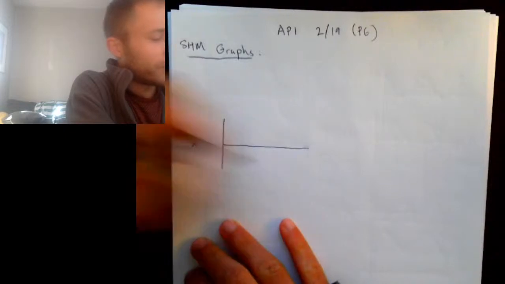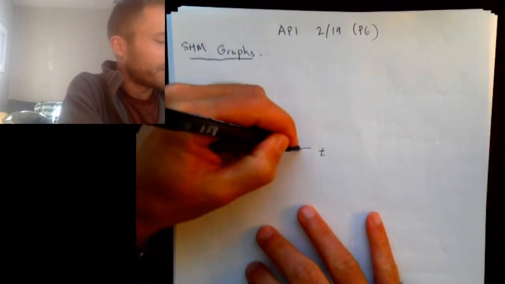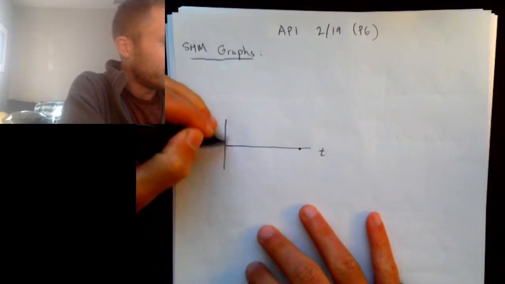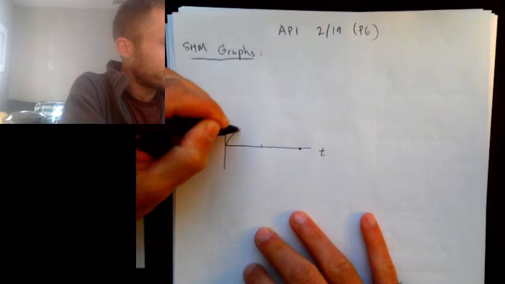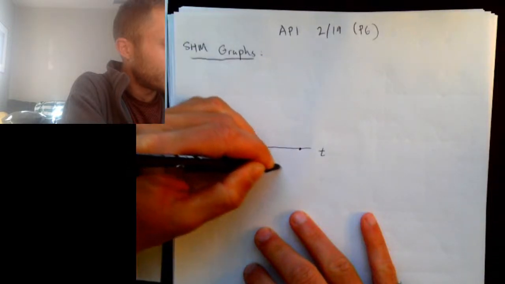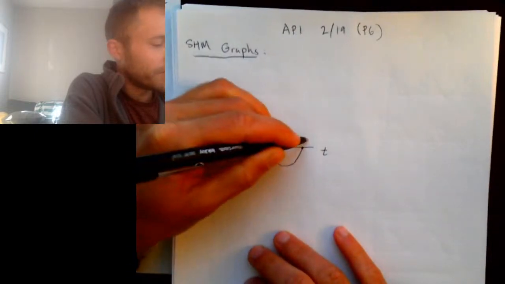I'm going to draw one full period of the position time graph. So that is a full period.